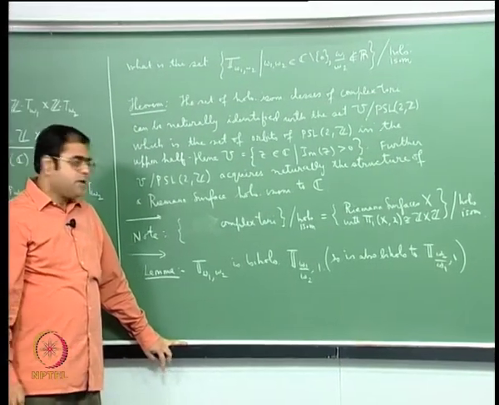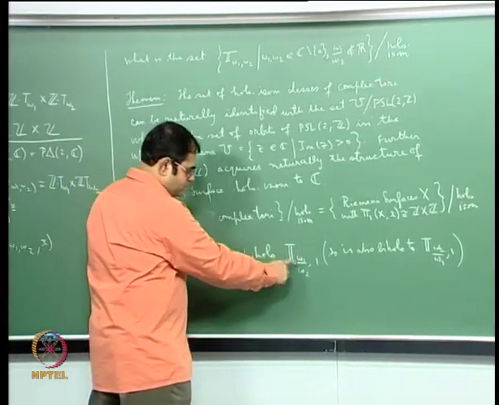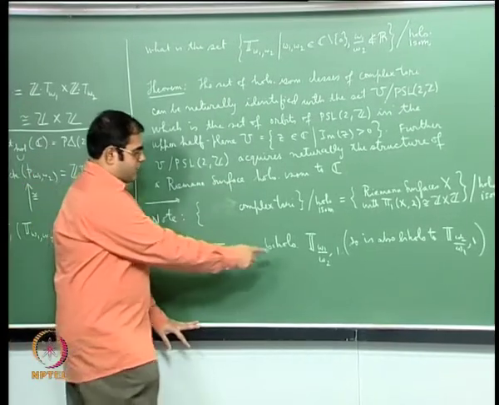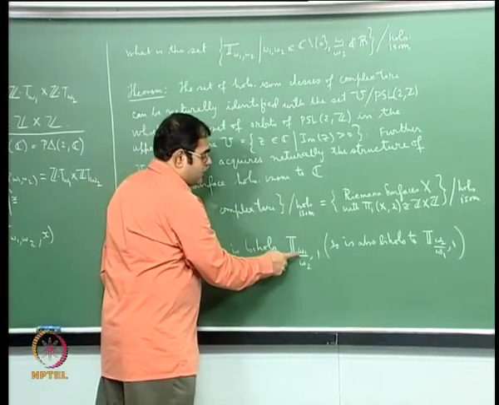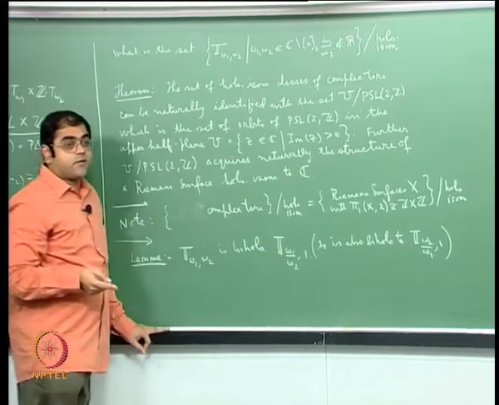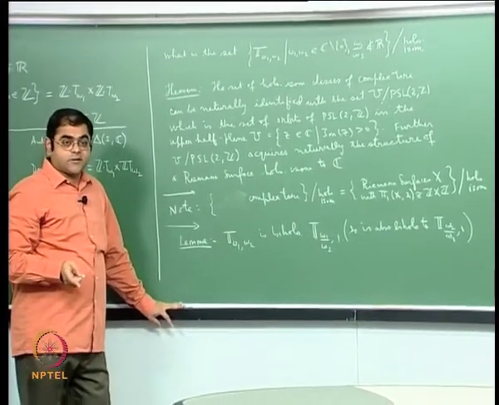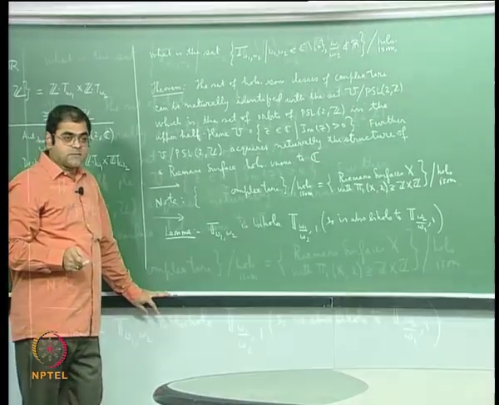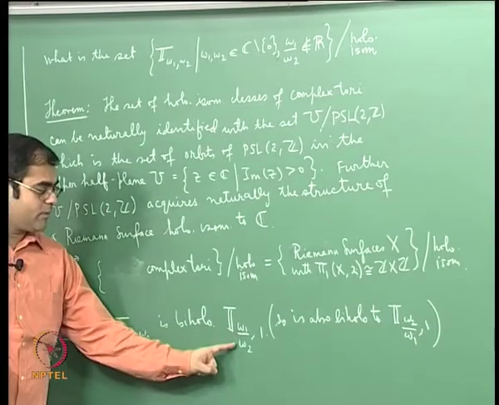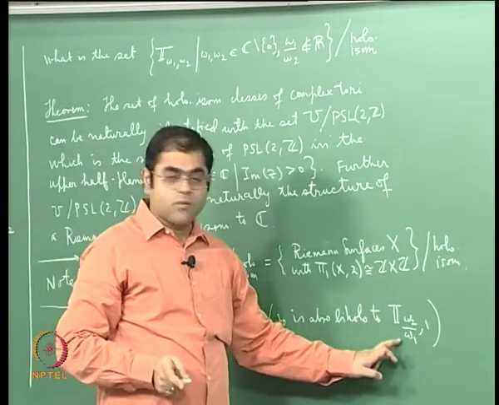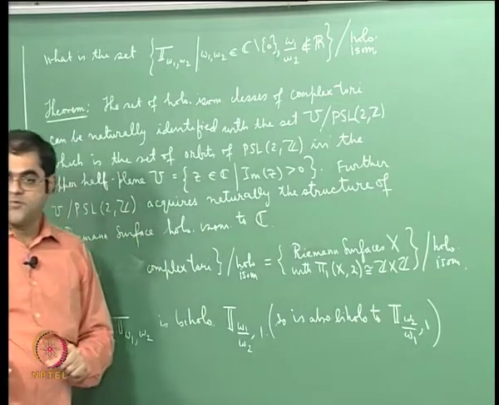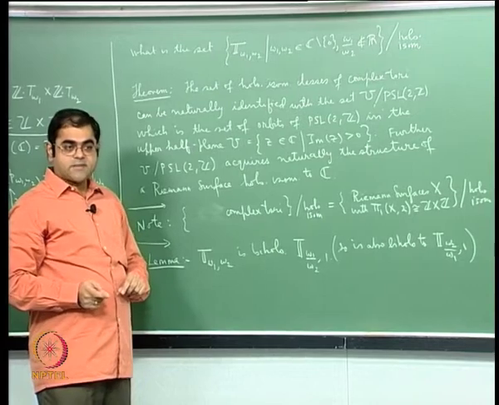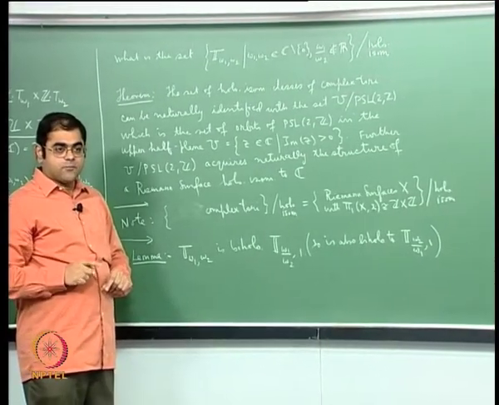Now I want to tell you what this lemma means with respect to U. You see, omega 1 by omega 2 is not real, it is a non-real ratio, so it is a complex number, it has an imaginary part. And then either omega 1 by omega 2 or omega 2 by omega 1 has an imaginary part which is positive. You choose the one that has imaginary part positive and call that tau.